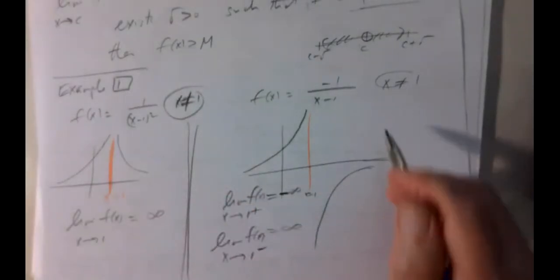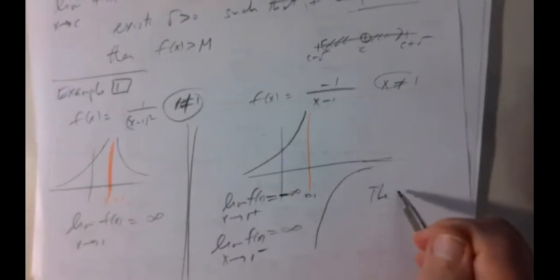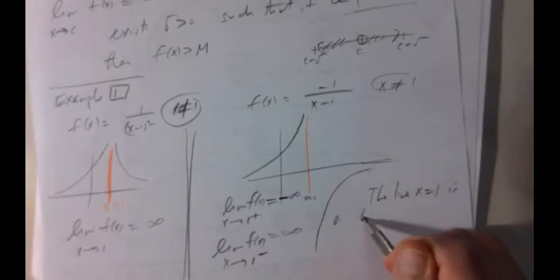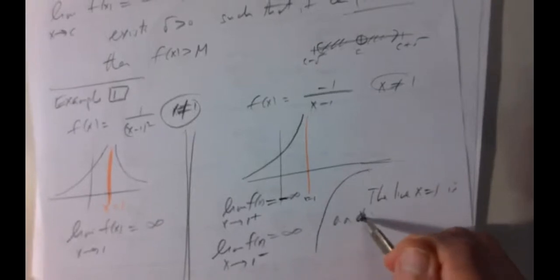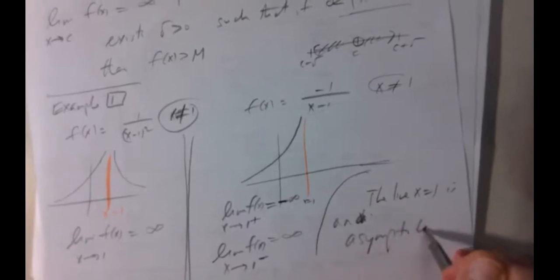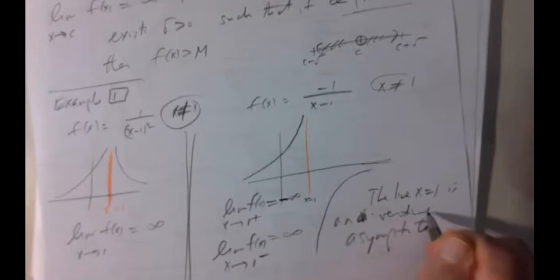The vertical line x equals 1, in both of these examples, is what is called an asymptote. So it's actually a vertical asymptote.